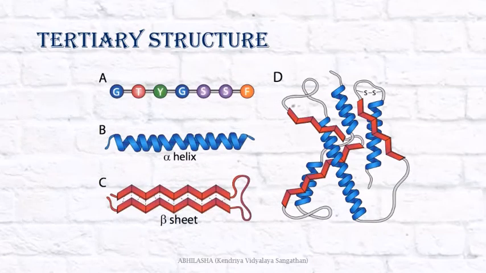Here you can see the primary structure, or the sequence of amino acids joined together by peptide bonds. Then the secondary structure may be the alpha helix or the beta pleated sheet where the chain is folded, and then the tertiary structure where the alpha helix or the beta pleated sheet is folded upon itself to form a ball-like structure.